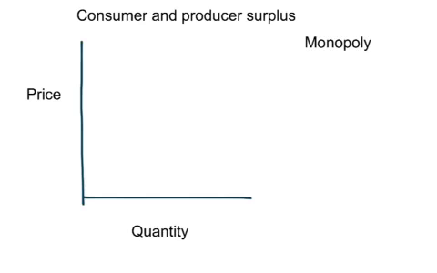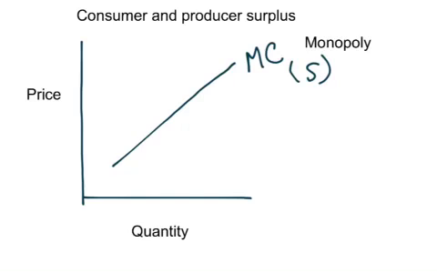So what we're going to show in the monopoly is the supply curve, which you'll notice in the book is interestingly drawn as the marginal cost curve, because remember that above the AVC the firm's marginal cost curve is the supply curve. So you can either draw this as marginal cost or as supply. And then we have a demand curve.